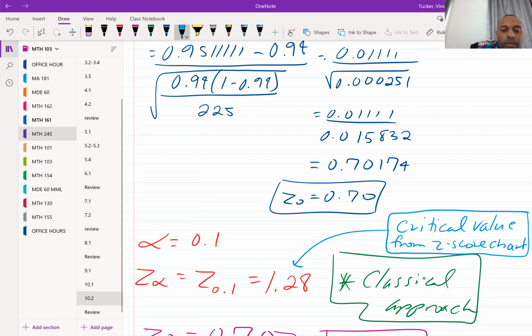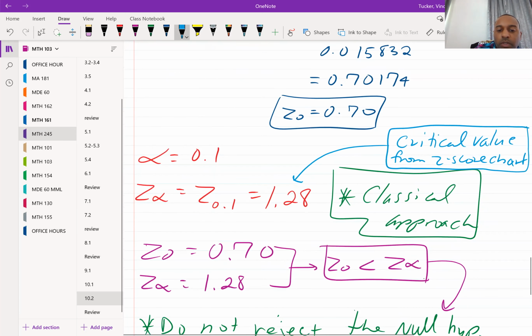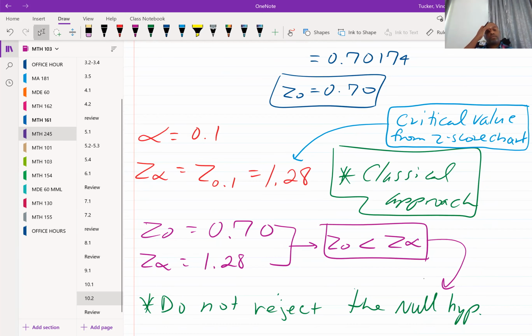So, yeah, that's where it came from, just a critical value from the Z-score chart. So now we can compare.